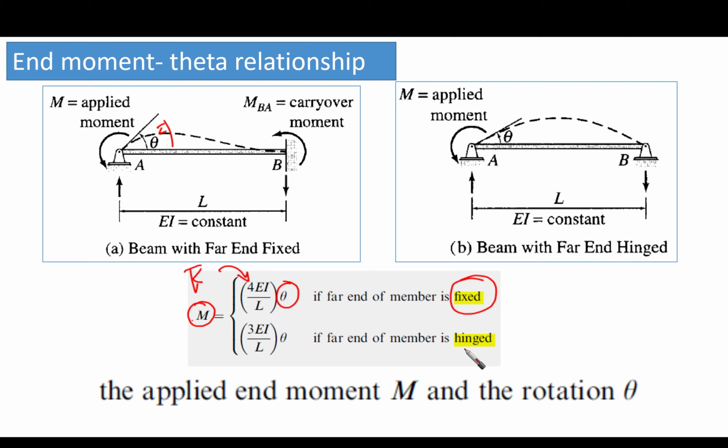And if we are applying this to a case where the far end is hinged, then the moment needed for one unit rotation is going to be 3EI over L times the unit rotation. Okay, so this is the relation between the applied end moment M and the rotation. This is very clear for us, and I hope that we can go on.